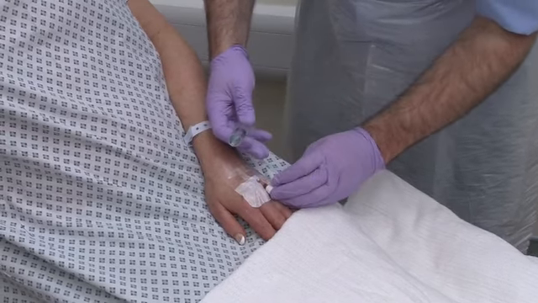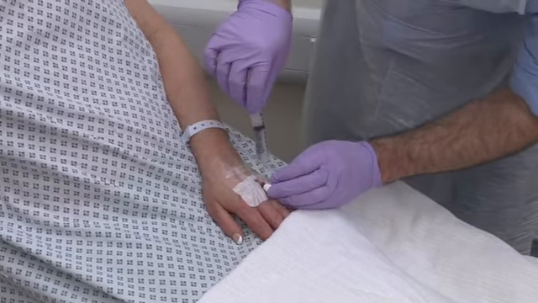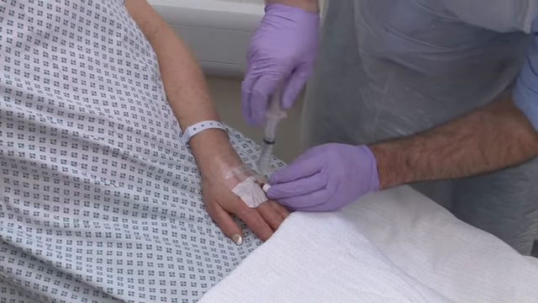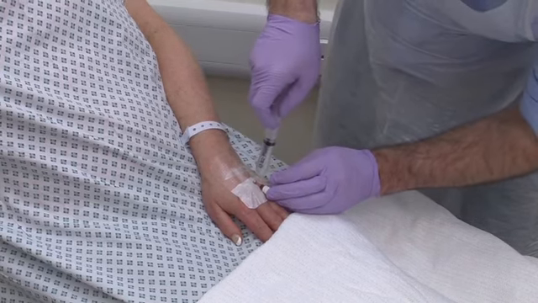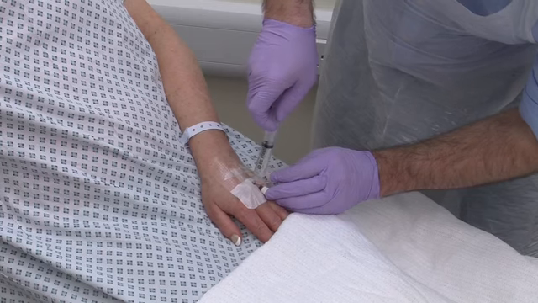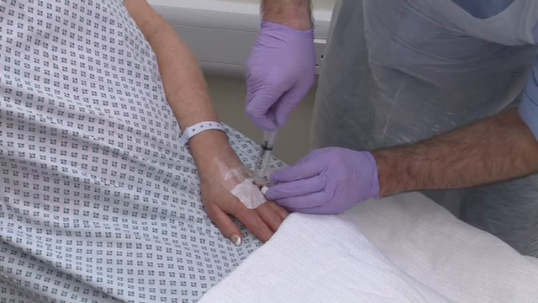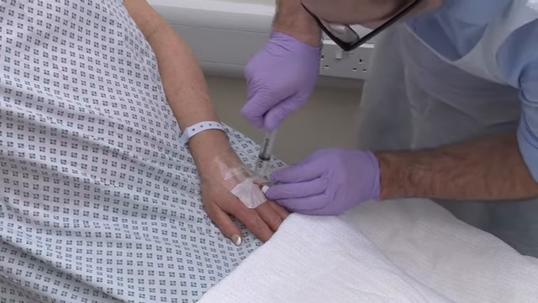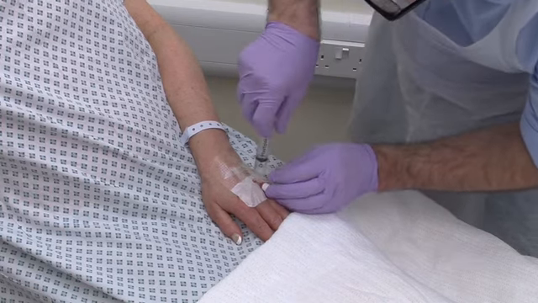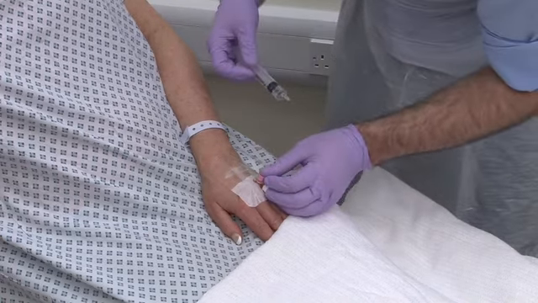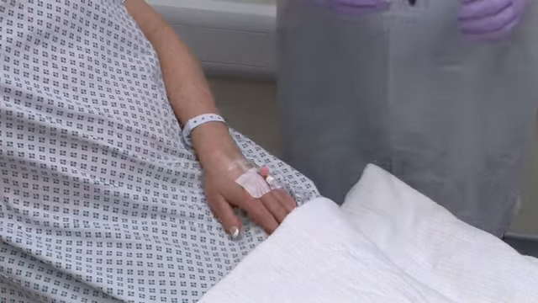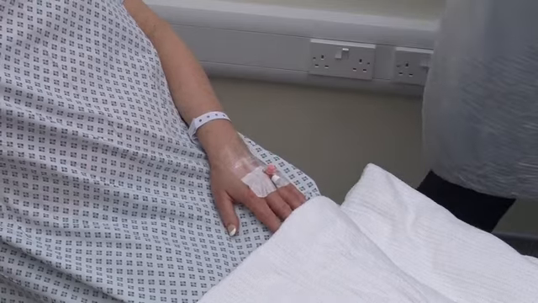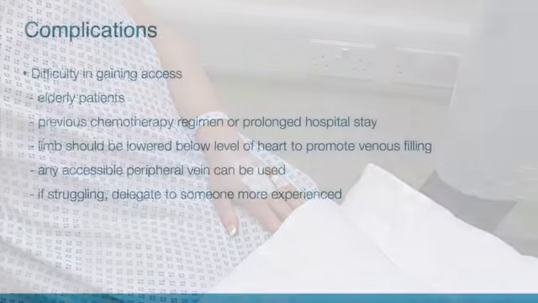Attach the syringe to the cannula and flush with 2 ml of saline. Replace the cannula cap. Gloves and apron should be disposed of as clinical waste.